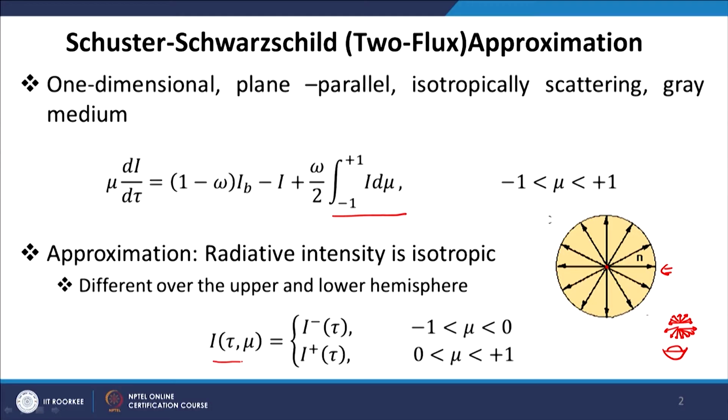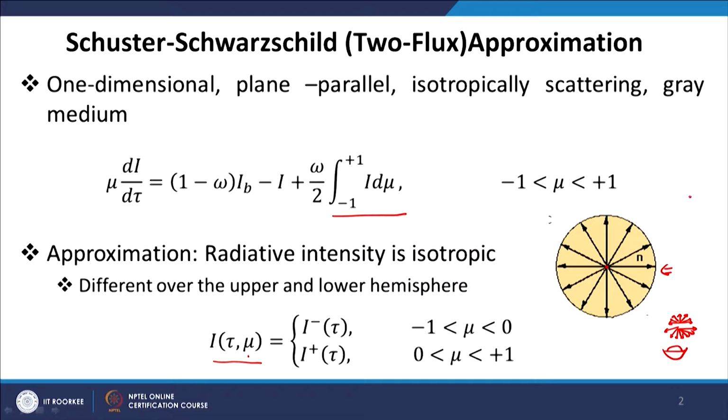Mathematically we can write this as follows. The intensity at any point in the medium bounded by two parallel plates, in any direction mu, has two components, I minus and I plus.